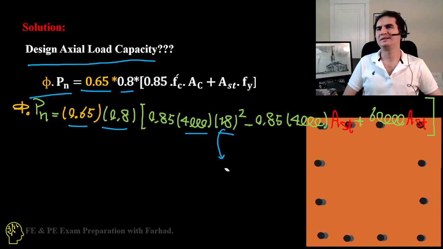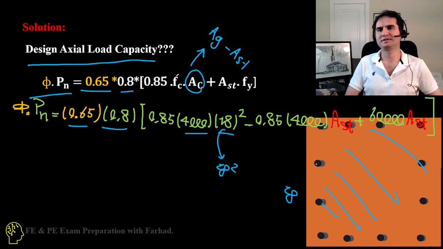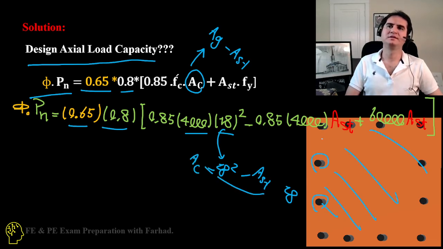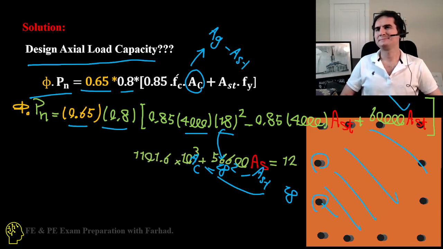The area of concrete is just the gross area minus A steel. So this is 80 times 80 for the gross area, 80 squared, the entire section minus the rebar, which gives us the area of concrete. Then plus 60,000 times the area of steel.